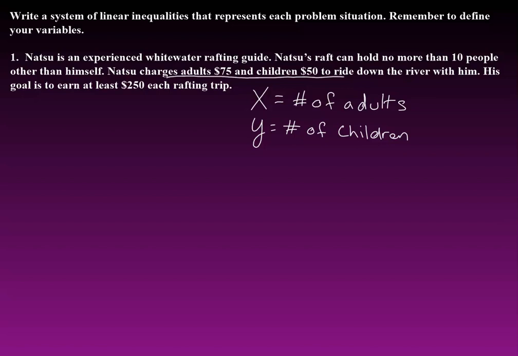Now we're going to write a linear inequality that represents this word problem. Since adults cost $75, we get 75x. Since children cost $50, you're going to take 50 times the number of children, which is y.